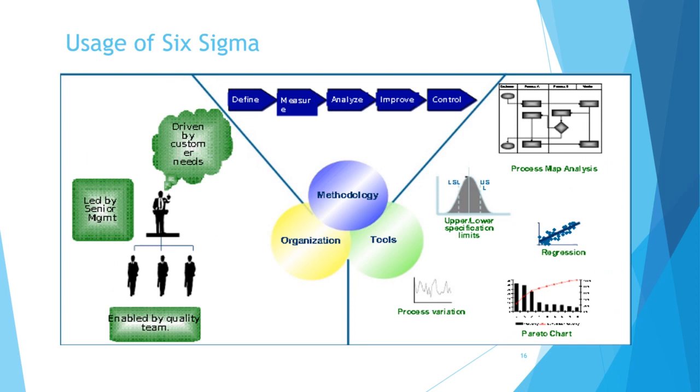The users are mainly organizations, enabled by the quality team, led by senior management, and driven by customer needs. Methodology: the 3 methodologies which we mentioned. Then the tools: process map analysis, upper and lower specification limits, regression, process variations, Pareto chart, etc. That is, any of the 7 quality management tools we can use over here.